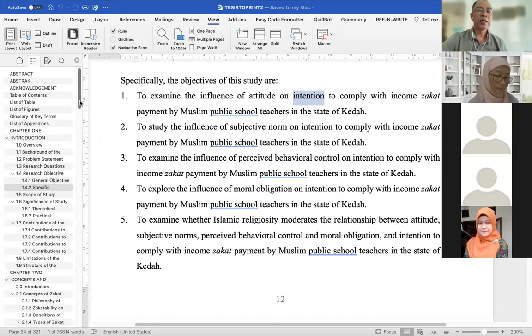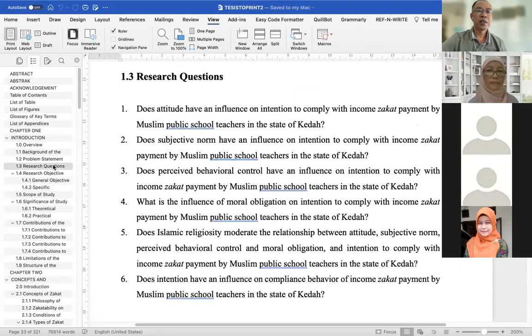Your objective and your research questions must give an idea to you and to your supervisor about the kind of data that you want to collect later.